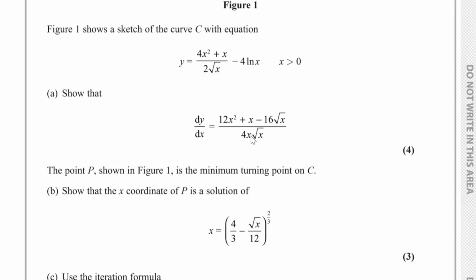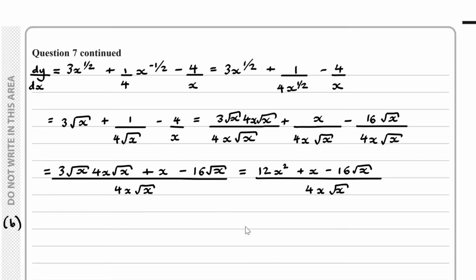Now whenever we see the word minimum turning point, the word turning point suggests to us that dy over dx is equal to 0. And if we write that down, that will help us show this solution here.